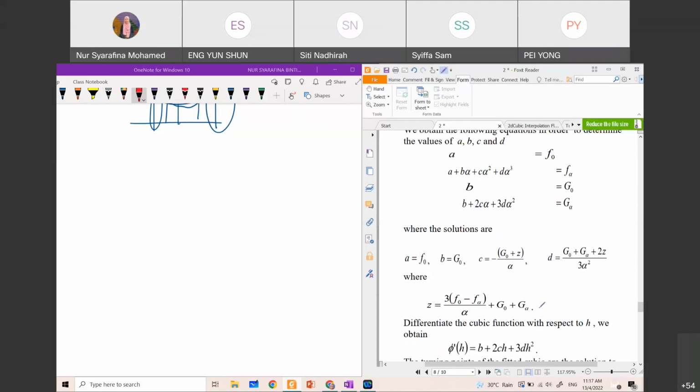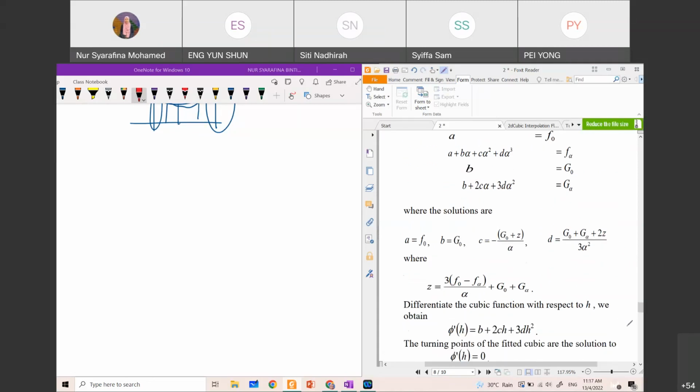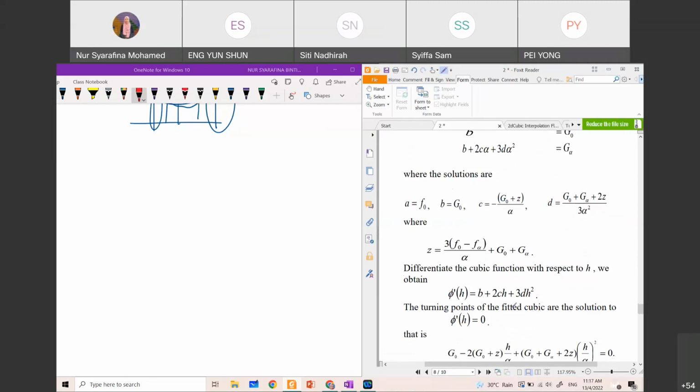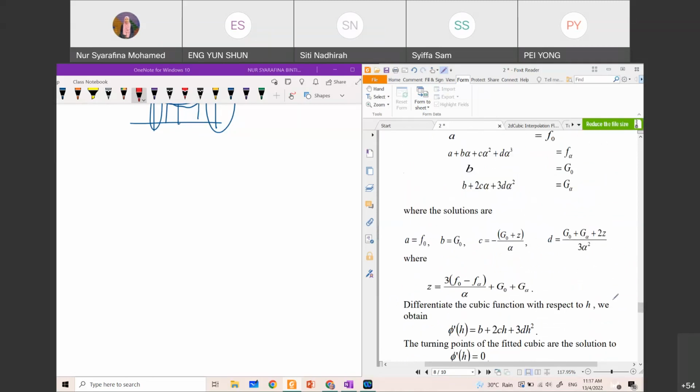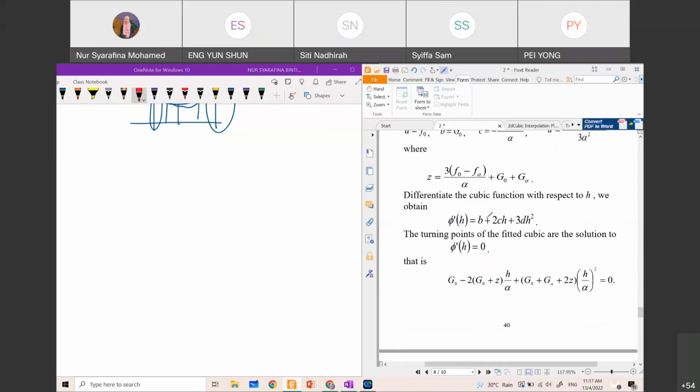And then differentiate the cubic function with respect to h. We obtain the turning points of the fitted cubic, which are the solution of psi prime equals 0. So this is the equation forming from here.